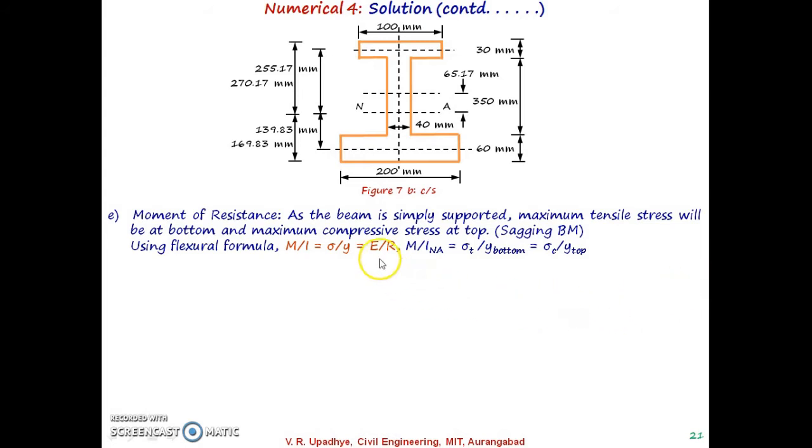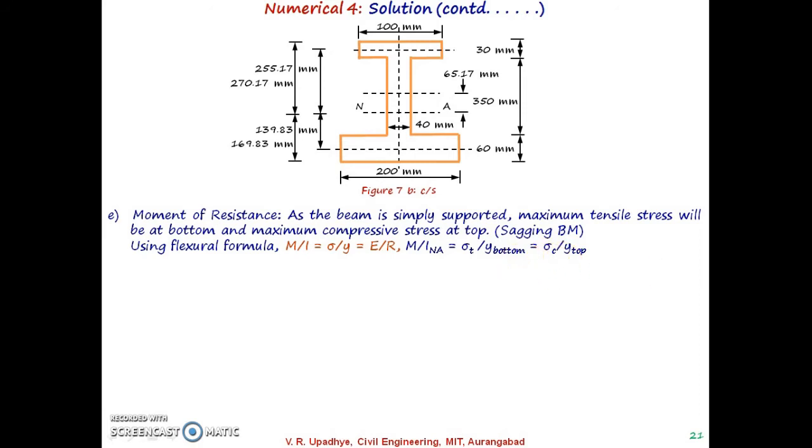Now instead of using the third term, E divided by R, that is Young's modulus divided by the curvature, we can rewrite this as M divided by I about the neutral axis is equal to sigma T divided by Y bottom. The bottommost fiber will be subjected to maximum tensile stress, and that is equal to sigma C divided by Y top. So at the topmost fiber, the maximum compressive stress will develop.